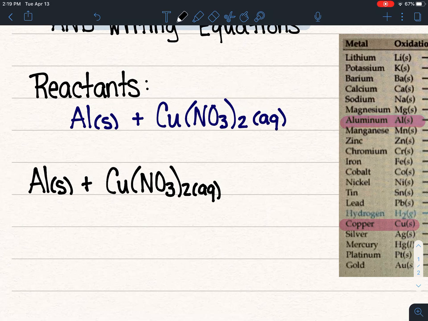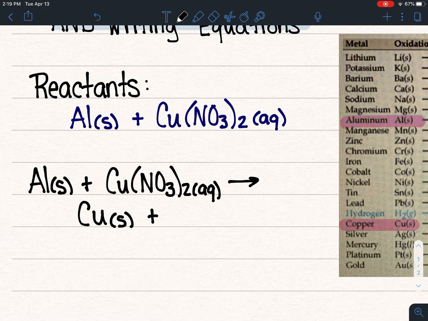And as the aluminum is having its electrons stolen, it will become an ion and will dissolve into solution. So we should see copper forming a solid and then aluminum combining with the nitrate.